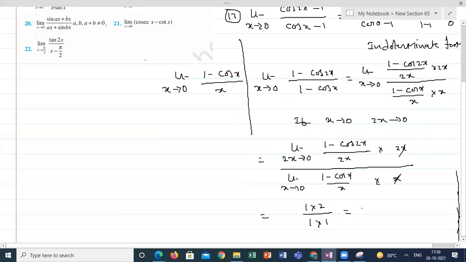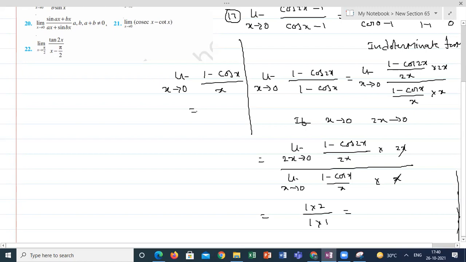17th question. What is the answer? Sorry, guys.